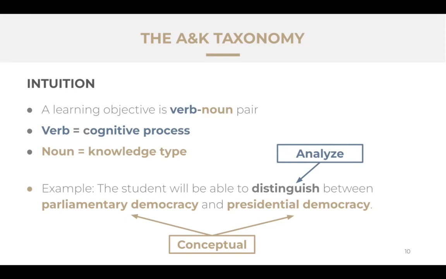That's a specific objective that you have for your students. Now in that objective, the verb is distinguish. That means that it's at a cognitive process of analyze, which involves differentiating between things. And it involves conceptual knowledge because parliamentary democracy and presidential democracy are examples of conceptual knowledge, right? Categories that we use to make sense of the world.